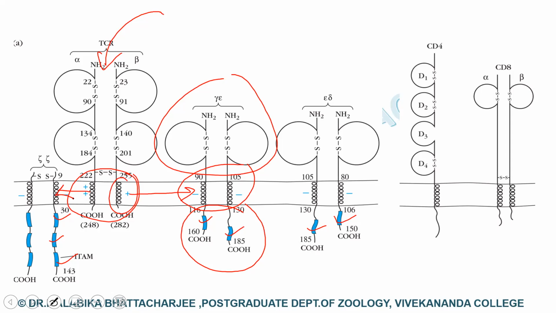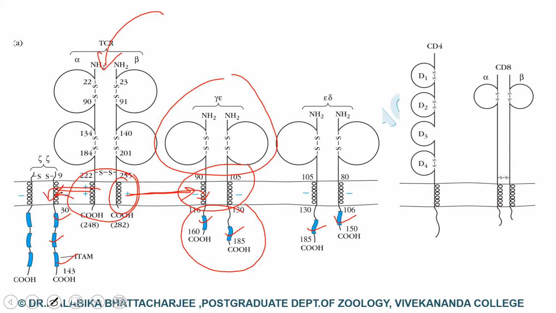Remember, whenever a T cell receptor recognizes a peptide-MHC complex, clustering of the receptors occurs. So the T cell receptor and the CD3 molecules tend to cluster together. The moment they cluster together, the positively charged amino acids can interact with the negatively charged amino acids. So the signal is passed on to the transmembrane domain of the CD3 heterodimers or the homodimers.